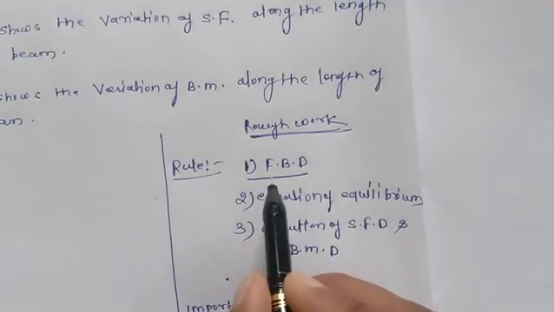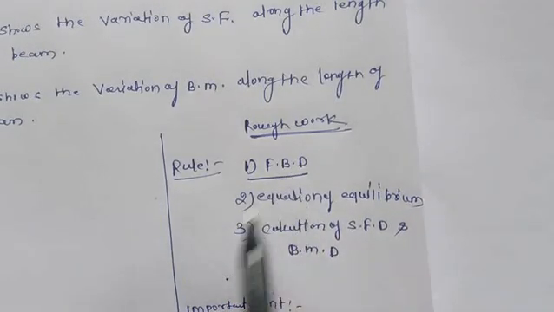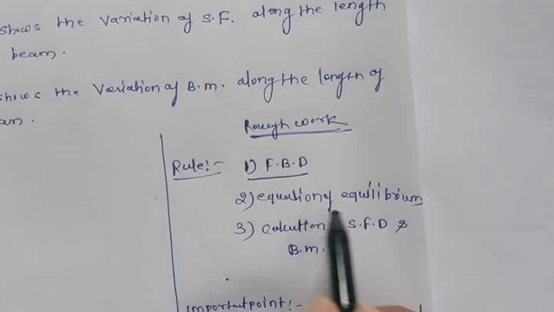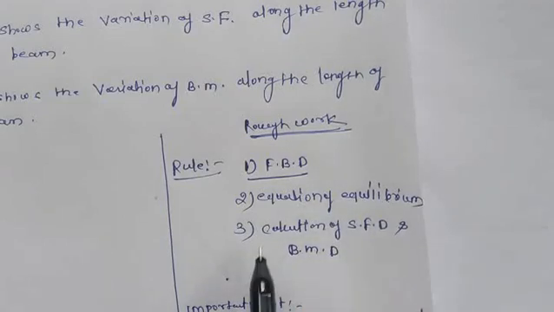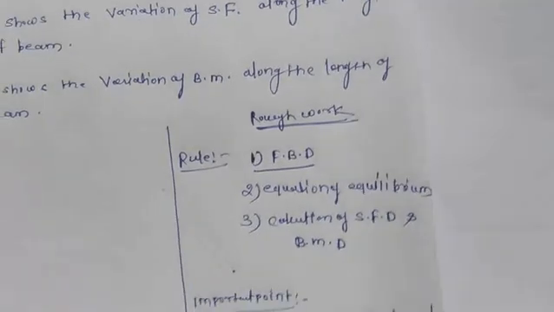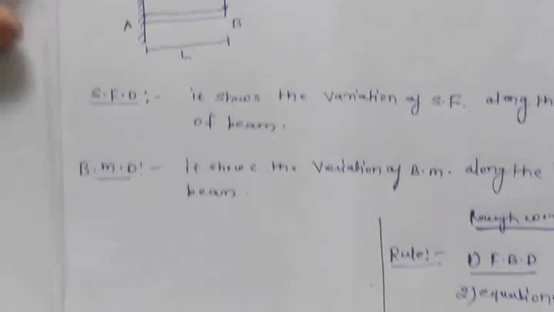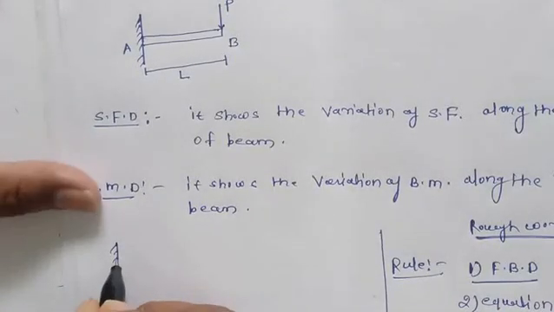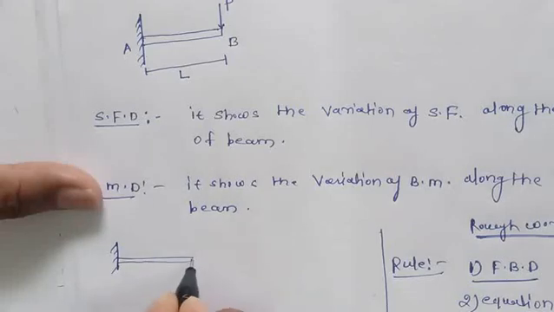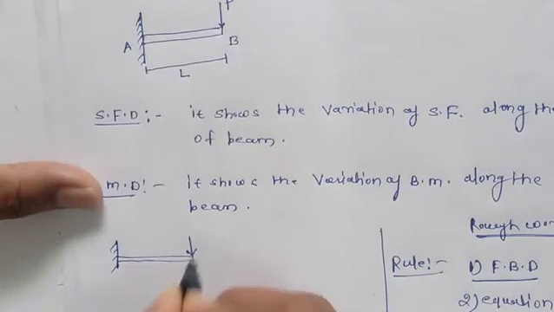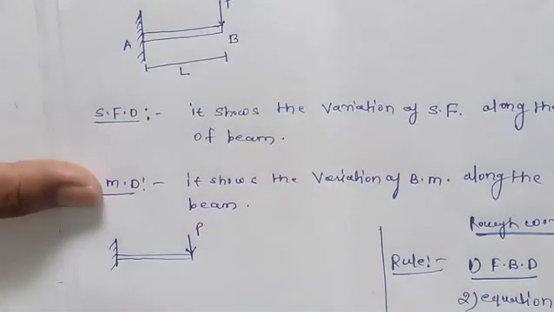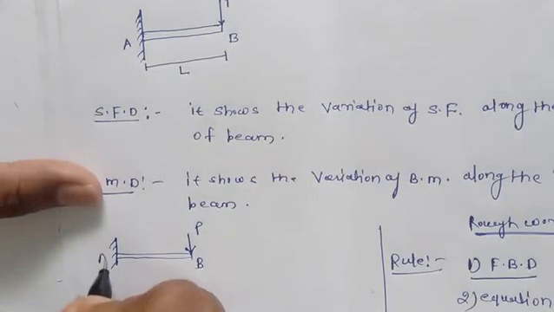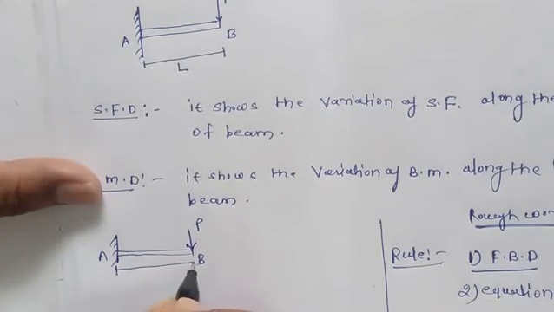First draw the free body diagram, then write the equation of equilibrium, then calculate the shear force diagram and bending moment diagram. Now one by one we will solve. This is the problem of a cantilever beam having a point load P at the end B, and this end is A. The total length is L.